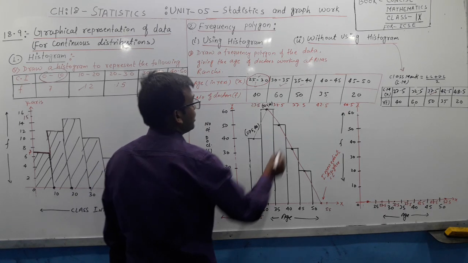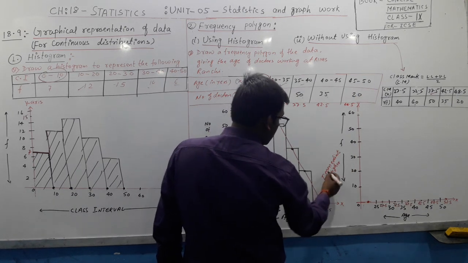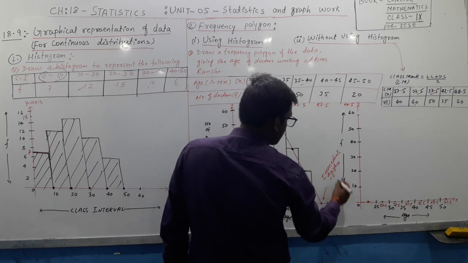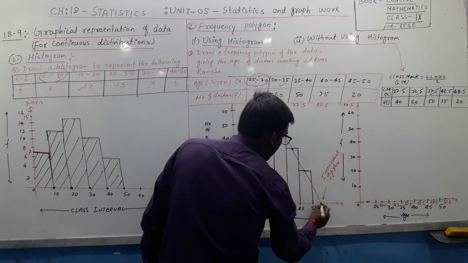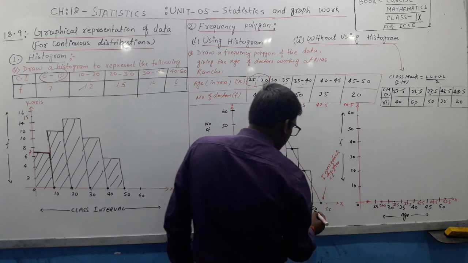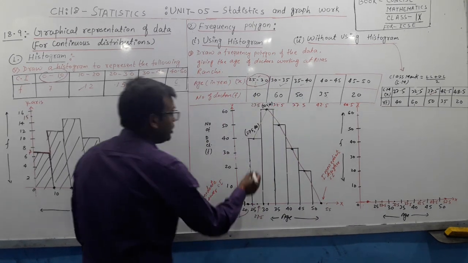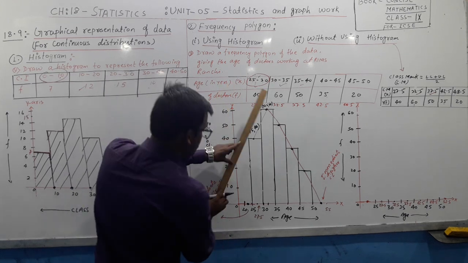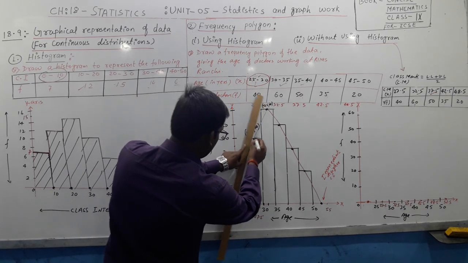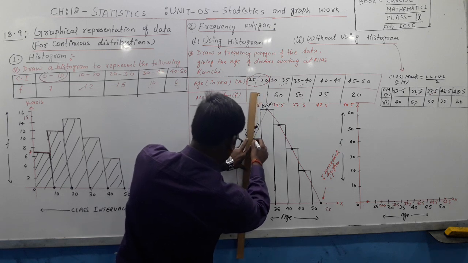Similarly, after 45 to 50 comes the immediate higher class interval. This will be here, that means the class mark will be 50 plus 55 divided by 2. Then join this point and this point, by the scale or freehand. Choice is yours.